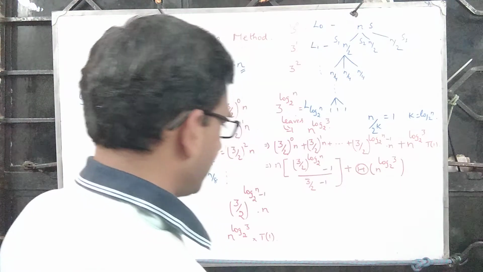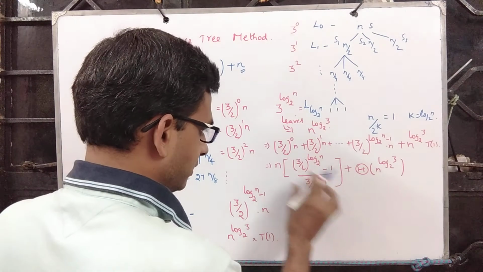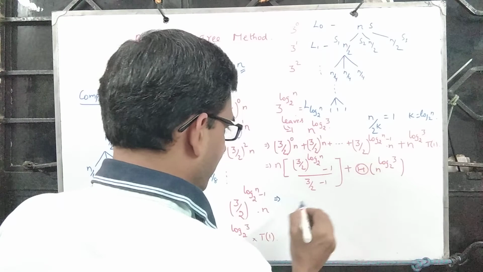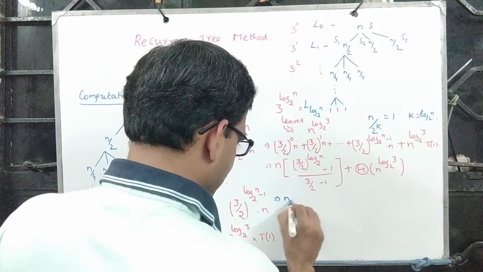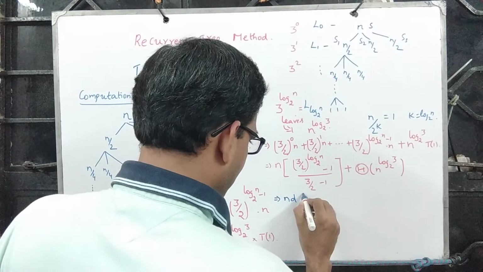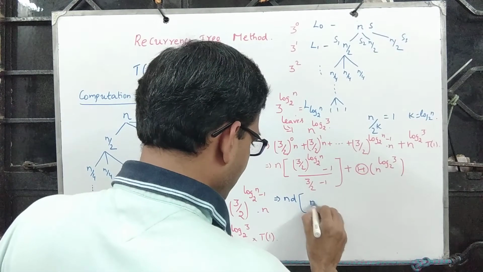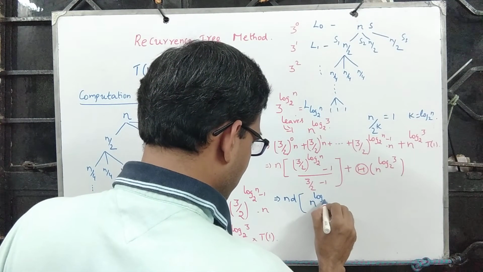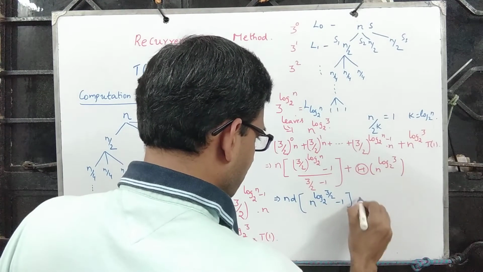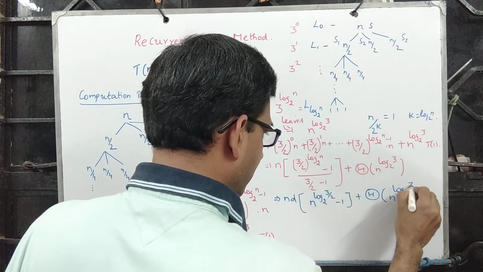As you can see, this one is a constant, 3 by 2 minus 1, so 0.5, so this becomes a constant. So this you can see this way: say n times d, d is a constant, and this one you can rewrite as n to the power log 3 by 2 minus 1, plus theta of n power log 3 base 2.